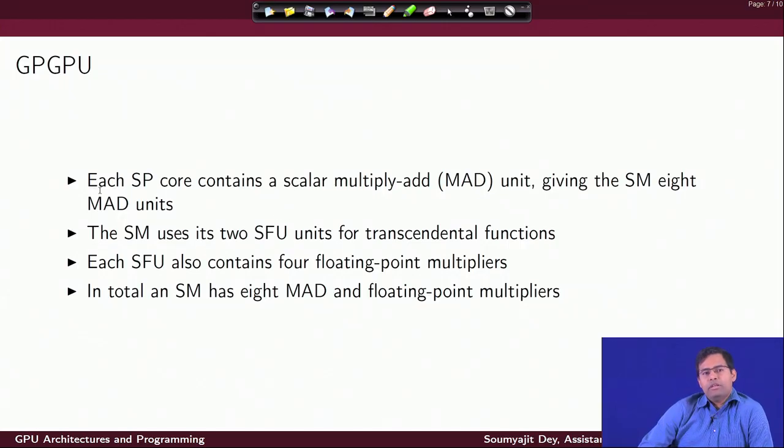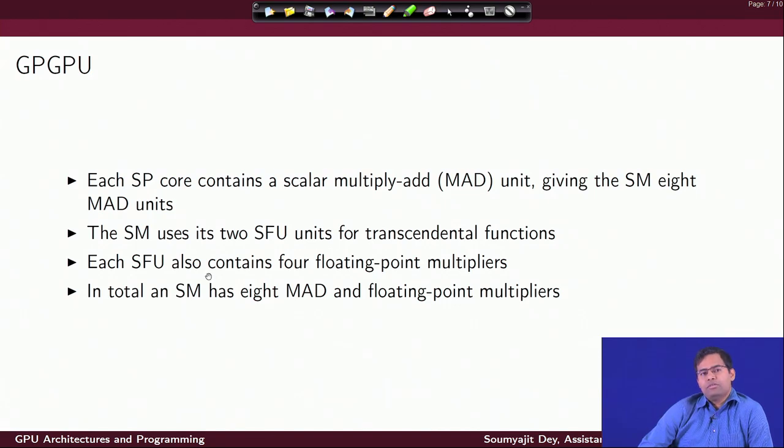So, what is there inside each of these streaming multiprocessors? In summary, each SP core will contain a scalar multiply add unit. That would mean inside each streaming multiprocessor you have 8 scalar multiply and add units. Also, the SM has 2 special function units, and these can be used for doing some transcendental computation.